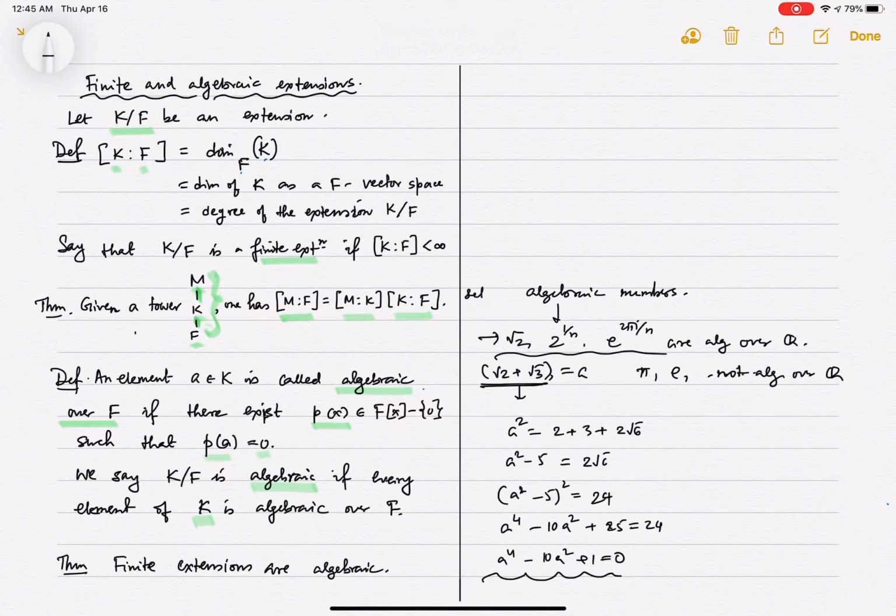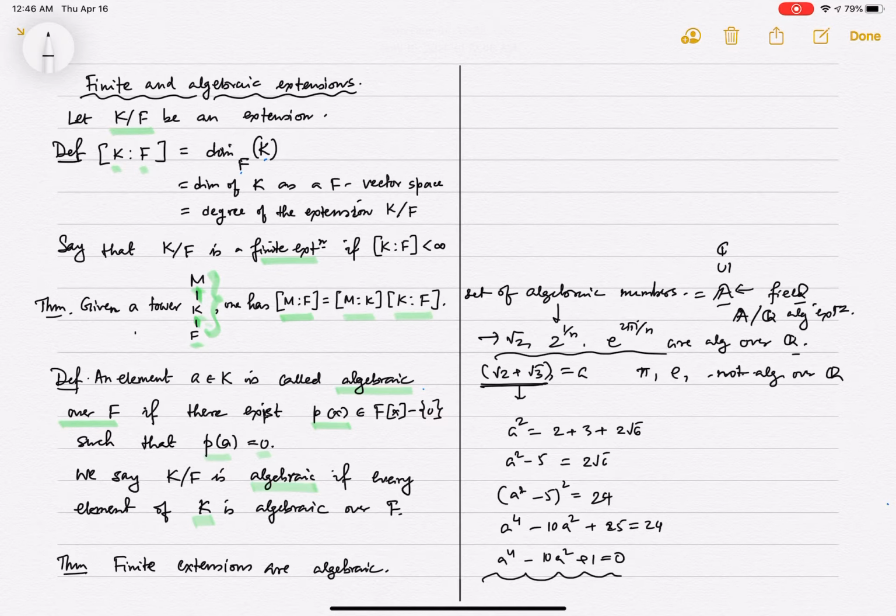If you take the set of algebraic numbers, call it A, this is some subset of C, this is actually a field. And by definition, everything here is algebraic over Q. So A over Q is an algebraic extension. But this is not a finite extension. This is infinite. The dimension is very infinite.